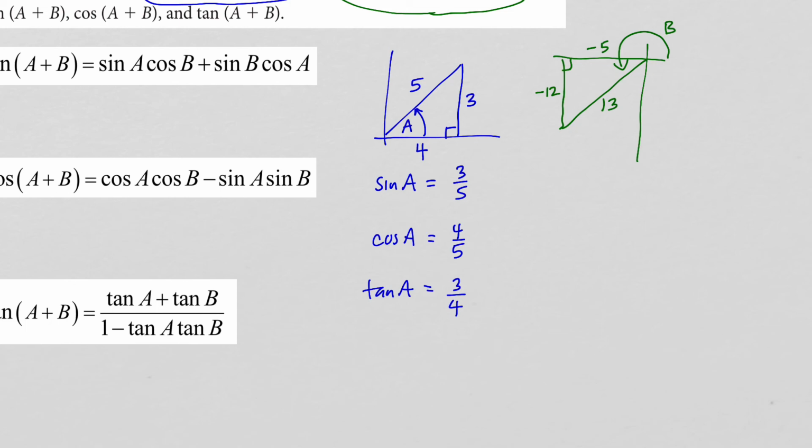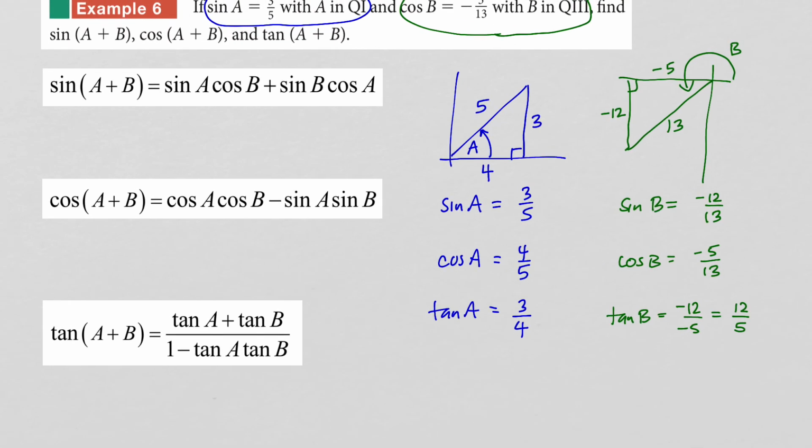And then we could do the same thing for angle B. We could find the sine of B, the cosine of B, and the tangent of B. Sine of B is negative 12 over 13. Cosine of B is negative 5 over 13. And tangent of B is negative 12 over negative 5, which reduces to 12 over 5. And now we're just going to take those values and plug them in to each one of these formulas, and then we will have the sine, cosine, and tangent of A plus B. So let's go ahead and do that.